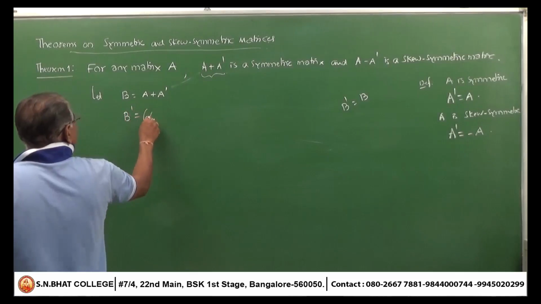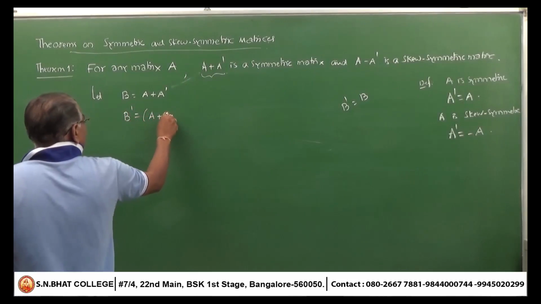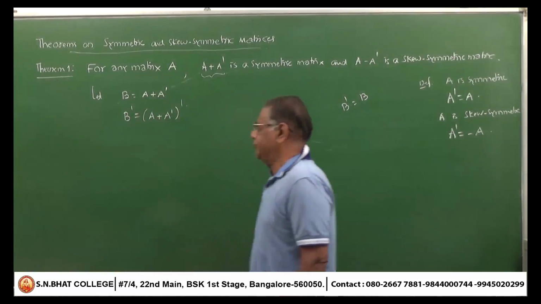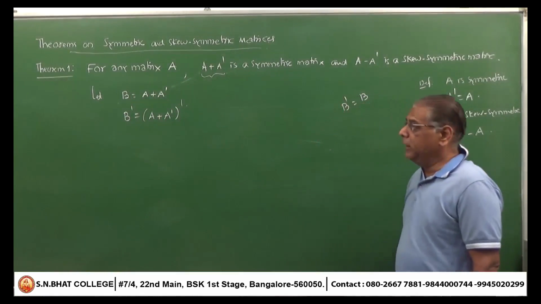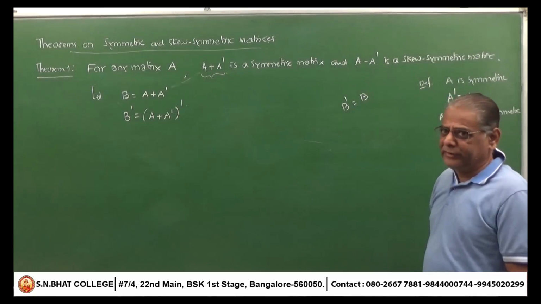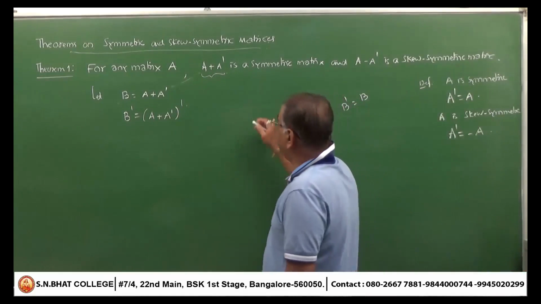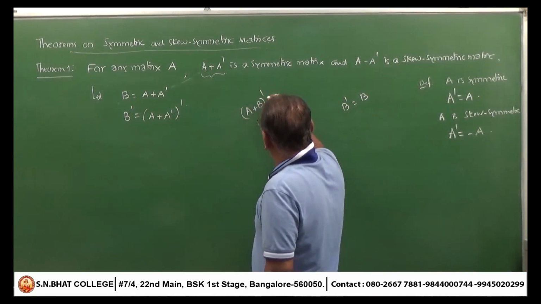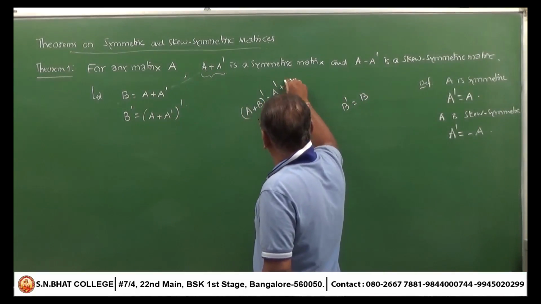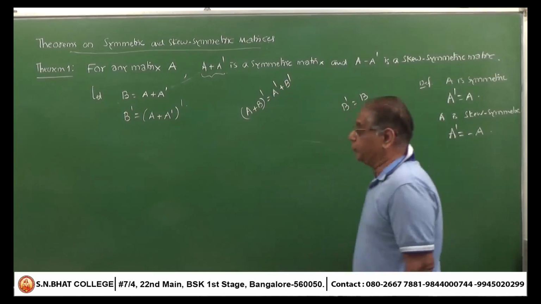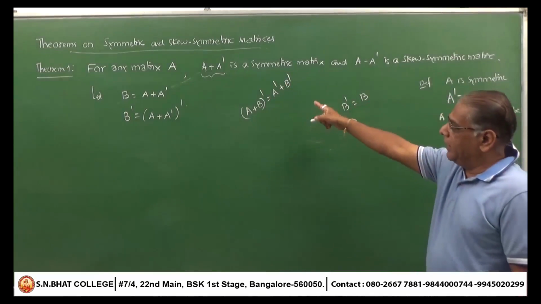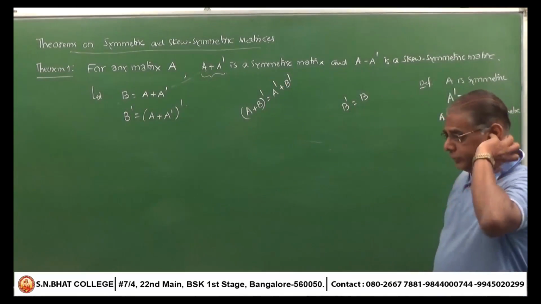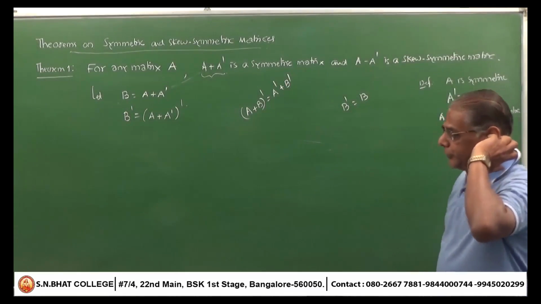B transpose is A plus A transpose whole transpose. Take the transpose on both sides. I have done a problem based on this in my last class: A plus B whole transpose is A transpose plus B transpose.